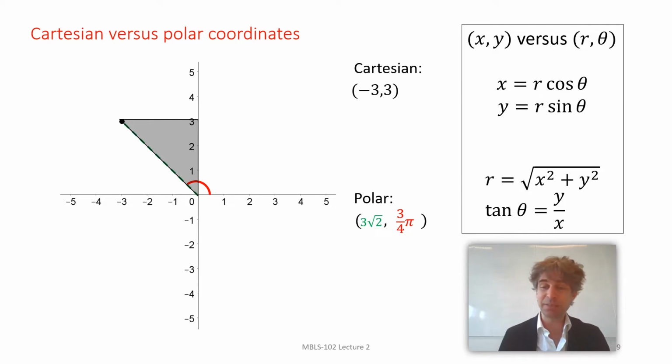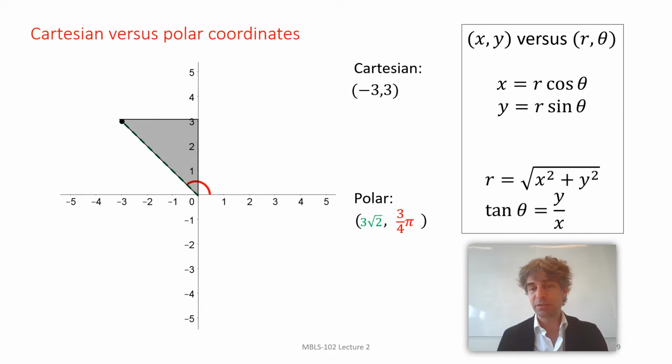Also, we could check the formulas for the other way round. The other way round reminds you of the cosine and the sine as coordinates of the unit circle. If you make the circle r times bigger, then of course the coordinates are going to be r times the cosine of theta and r times the sine of theta. So that's what this comes from.